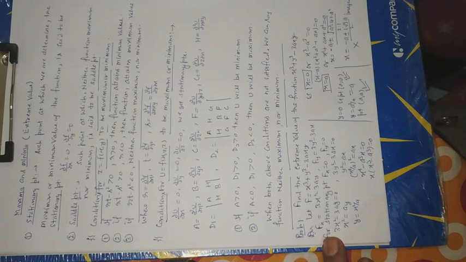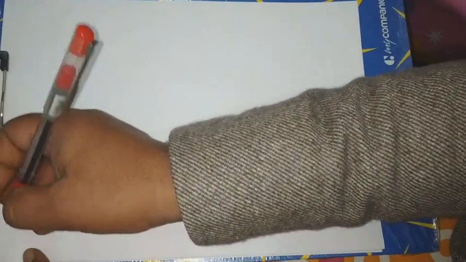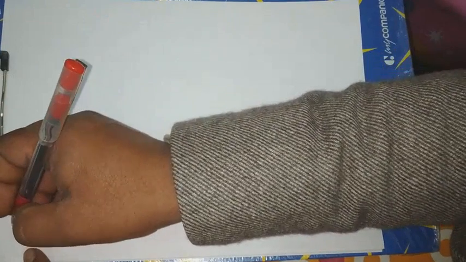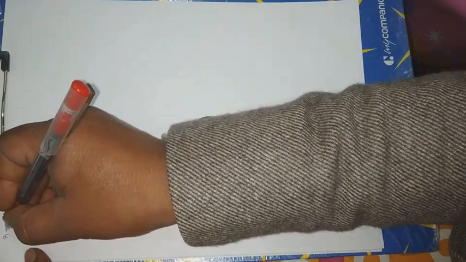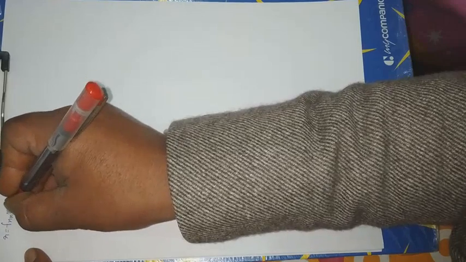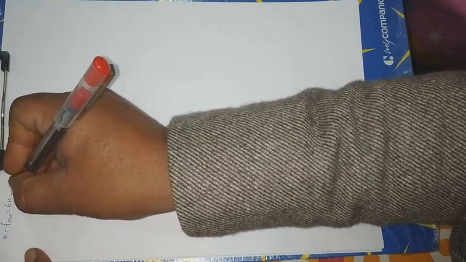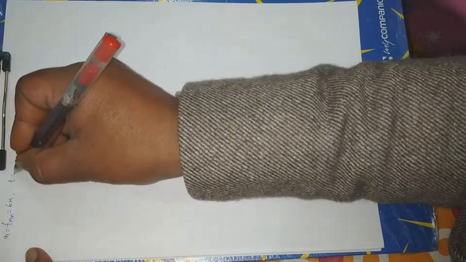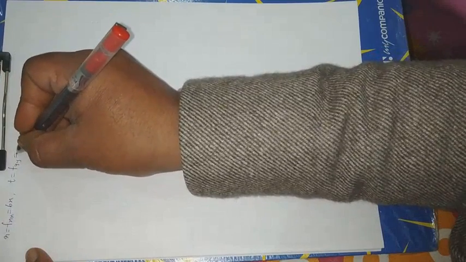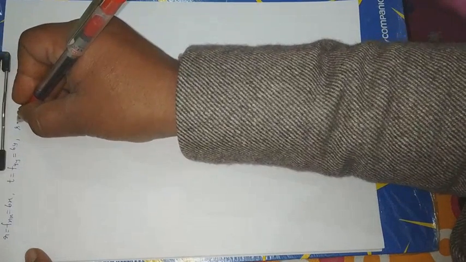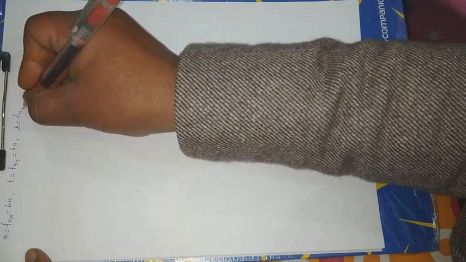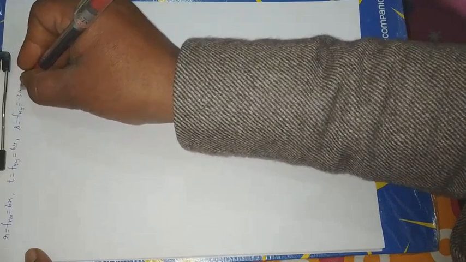Now to discuss the maximum and minimum value of the function, differentiate again. r is equal to fxx, equal to 6x, t is equal to fyy, 6y, and s is equal to fxy, this is equal to minus 3.